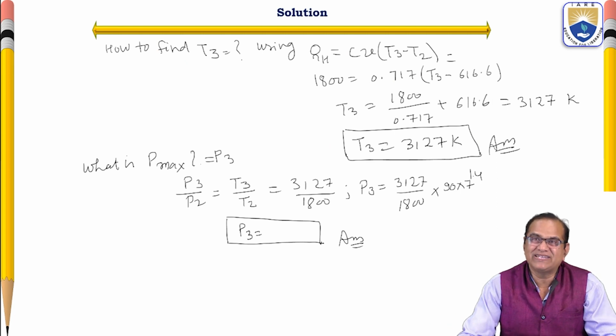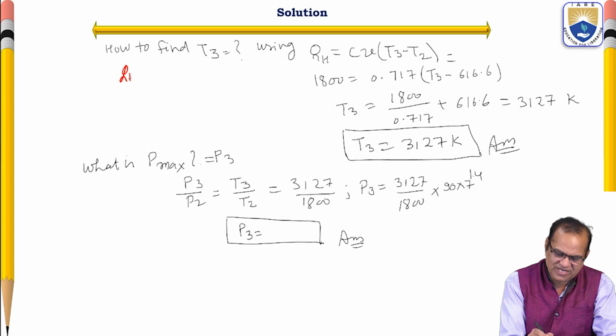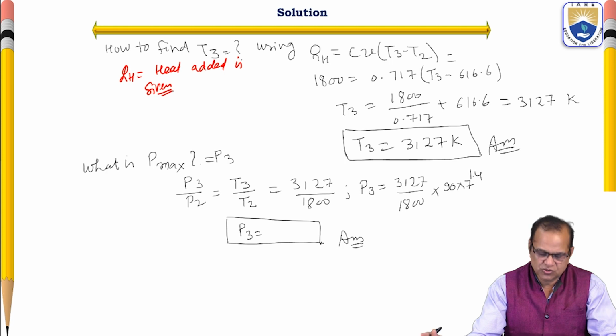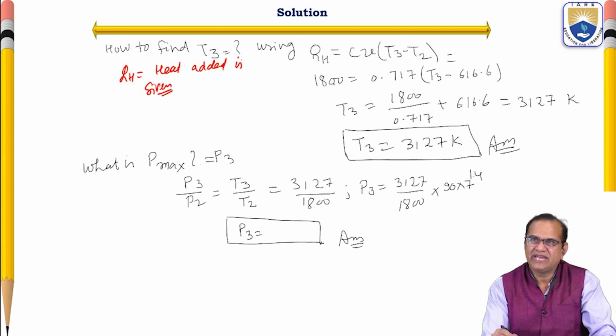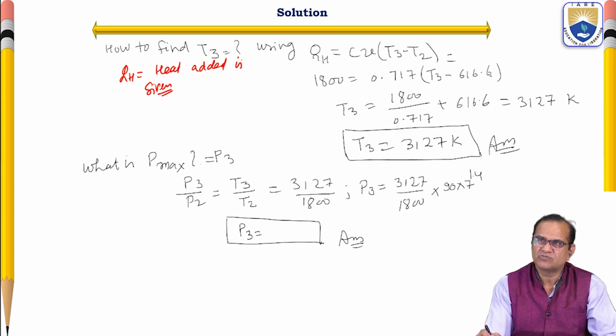So now how to find T3? Using QH, which is given, that is the heat added. Heat added is given, so 1800. So QH is equal to Cv into (T3 minus T2). So 1800 equals 0.717 into (T3 minus 616.6).